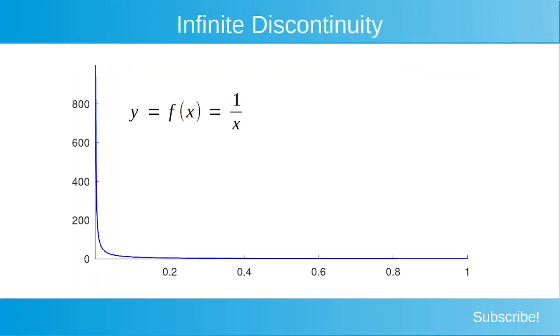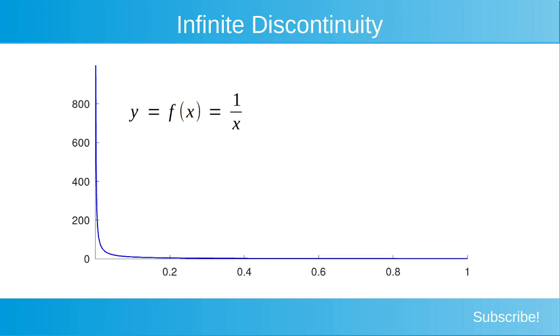I'm going to end this video with some examples of other types of discontinuities which you may encounter. Here on this plot we have the function y is equal to f of x is equal to 1 over x. At x is equal to 0, our function is undefined because we have f of x is equal to 1 divided by 0.